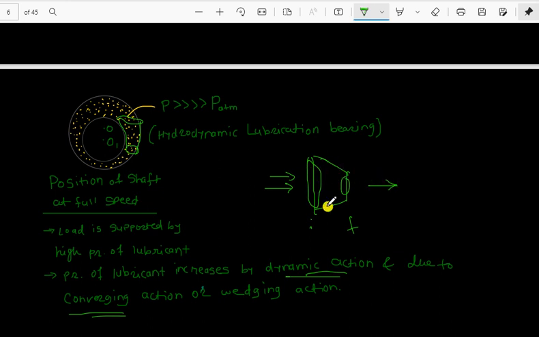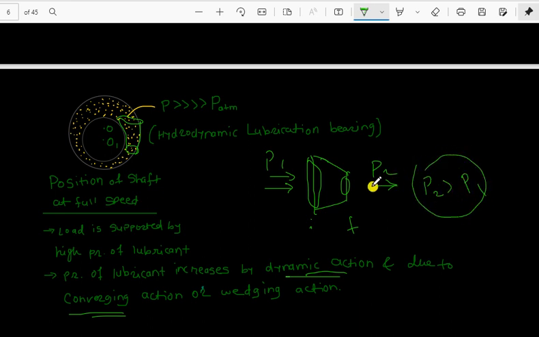Let us say this is a pipe with converging area. So the pressure at this point 1 will be lesser, whereas pressure at this point 2 will be higher. P2 will be greater than P1.